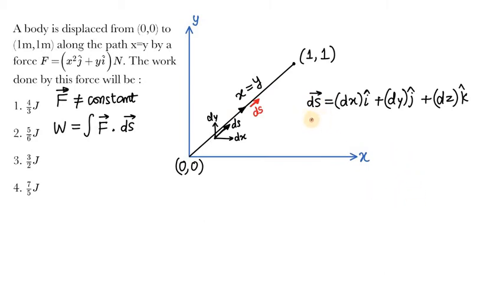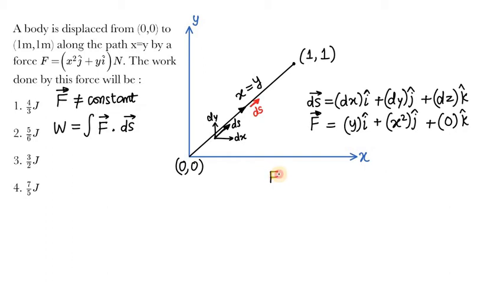And let's write down the force vector also below this. Force vector is given as x squared j cap, so I will write correspondingly x squared j cap and y i cap, and there is no k component, so we write 0 k cap. Now let us perform the dot product.